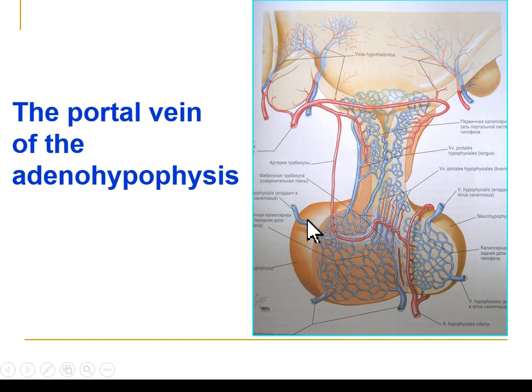This is the hypophysis, whose anterior part is called the adenohypophysis. The hypophyseal veins inside the adenohypophysis subdivide into many branches. These branches form veins, and the venous blood exits from the adenohypophysis. It is an exception to the convergence rule.